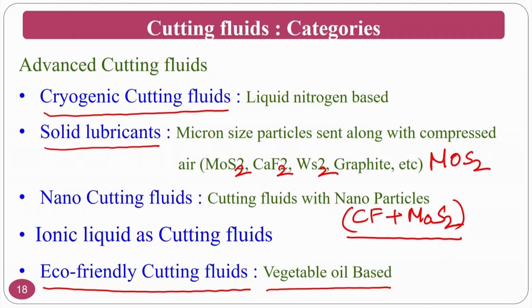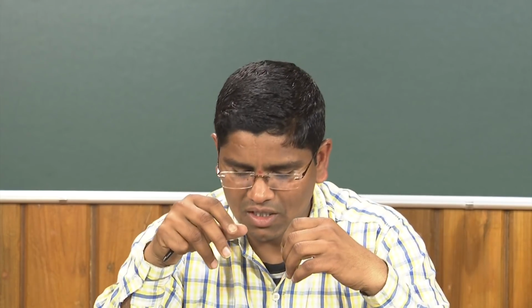The other variety is eco-friendly cutting fluids. Normally some of the people are using vegetable oil based fluids and all those things. Eco-friendly cutting fluids are some of the vegetable oils or a mixture of vegetable oils. Petroleum based cutting fluids like straight oils or synthetic oils cause a lot of problems whenever the emissions come.